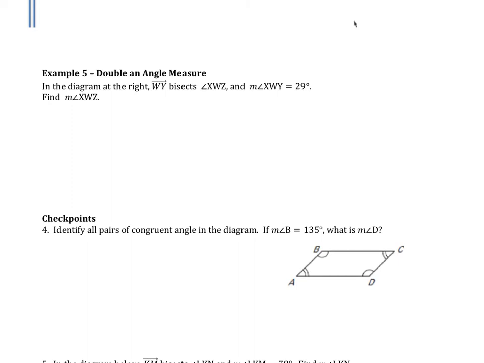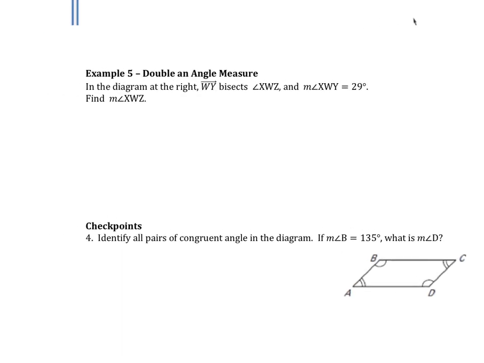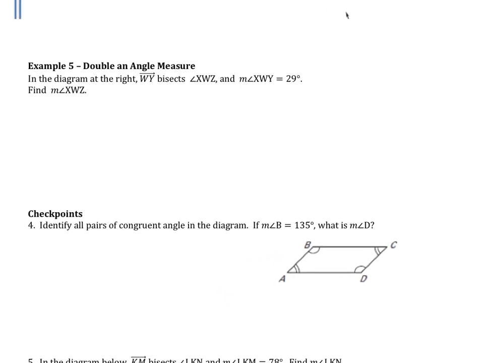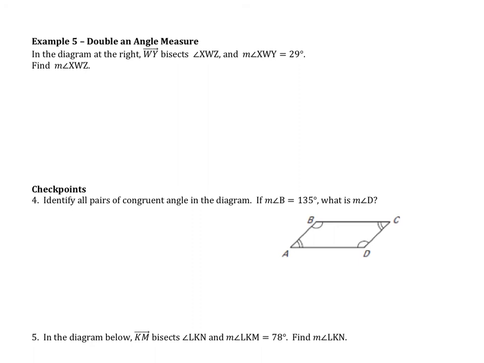And then we have example 5. I think it's our last example. It says, in the diagram at the right, ray WY bisects angle XWZ, and the measure of angle XWY is 29. Find the measure of angle XWZ. So it looks like we have to draw a picture. So if we have angle XWZ, I'm going to draw this angle.